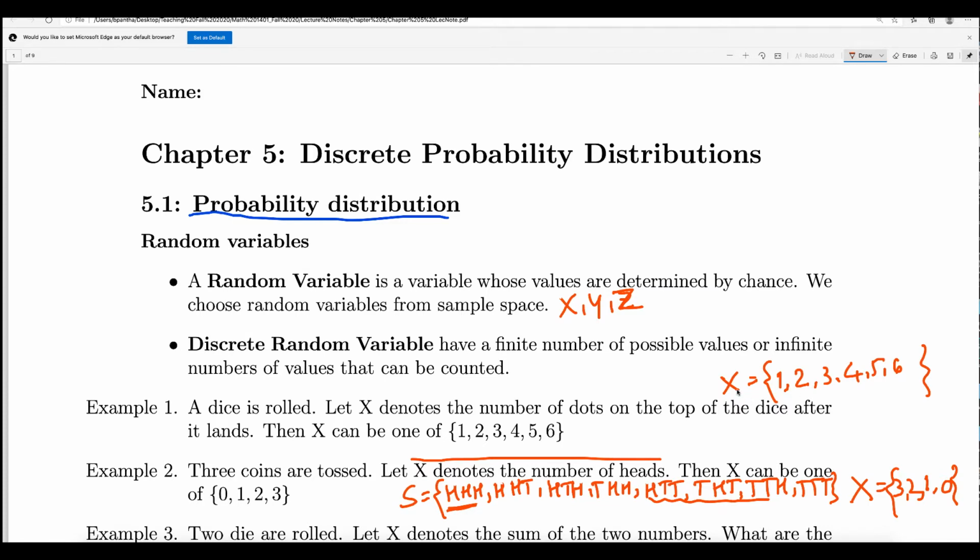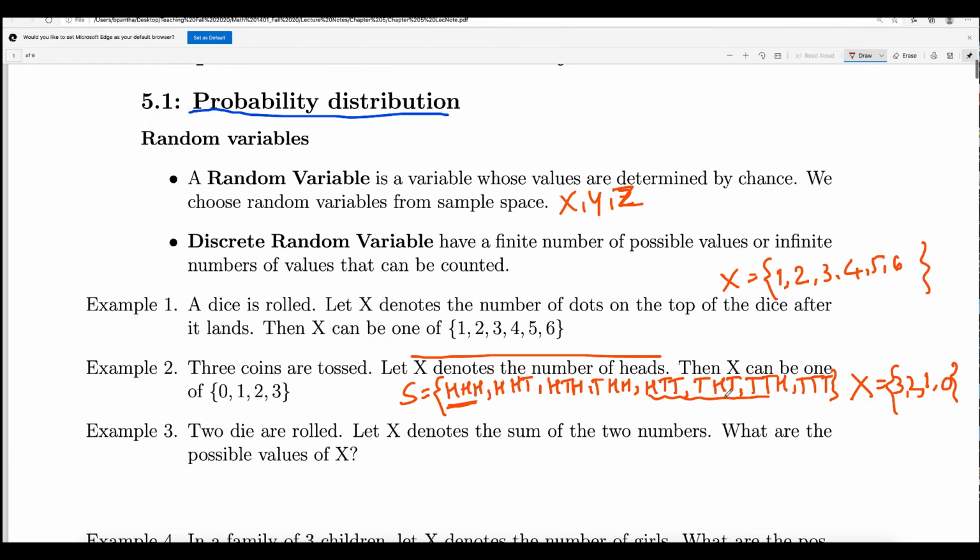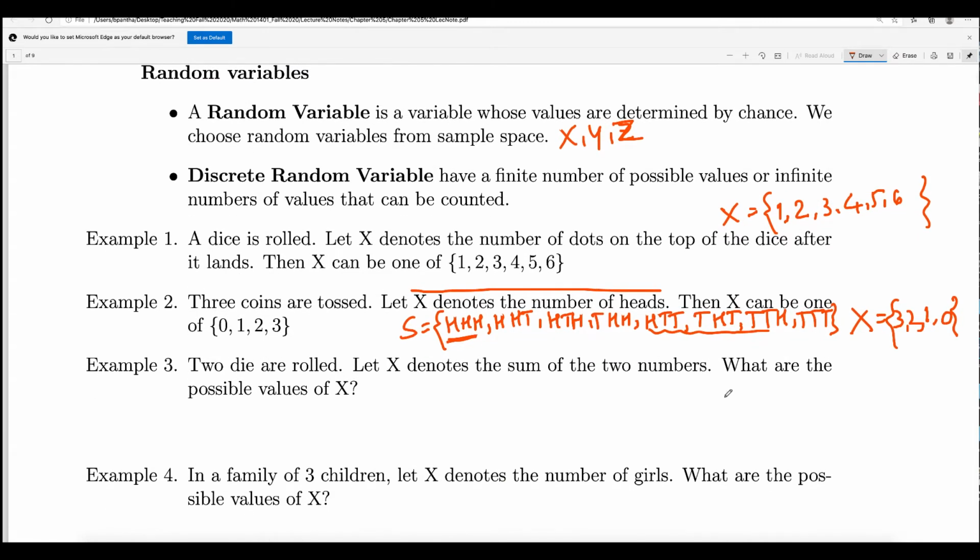Let us do a couple more examples. 2 dice are rolled. The outcomes look like this: the first shows 1, the second shows 1; first shows 1, second shows 2, and so on up to first 1, second 6.